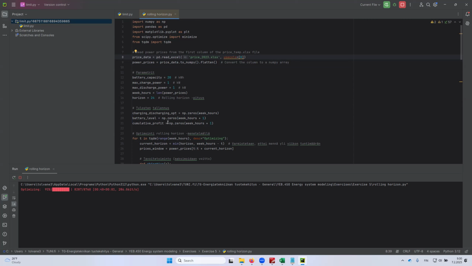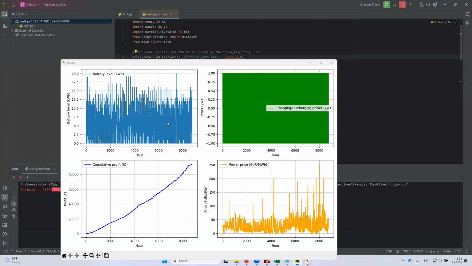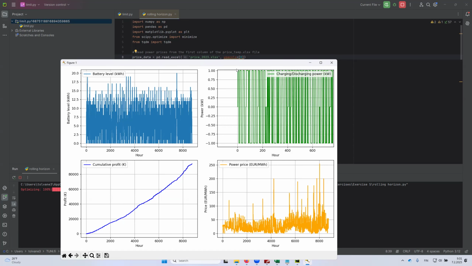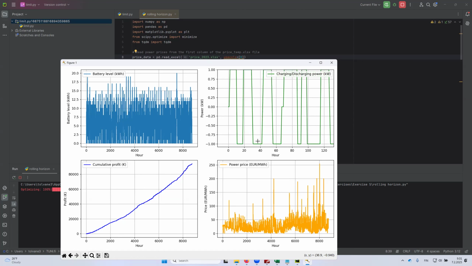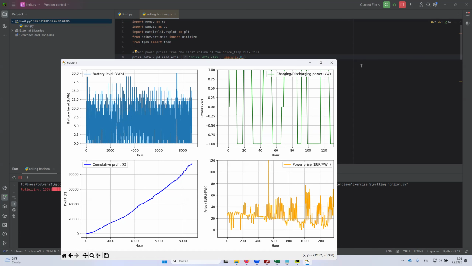There's too many variables for this optimization algorithm. So now we got to this cumulative profit of, what is this, 95,000 euros. And in here you can see the battery level and charging and discharging power. So this is the strategy, when to charge and when to discharge. And that is based on the price.